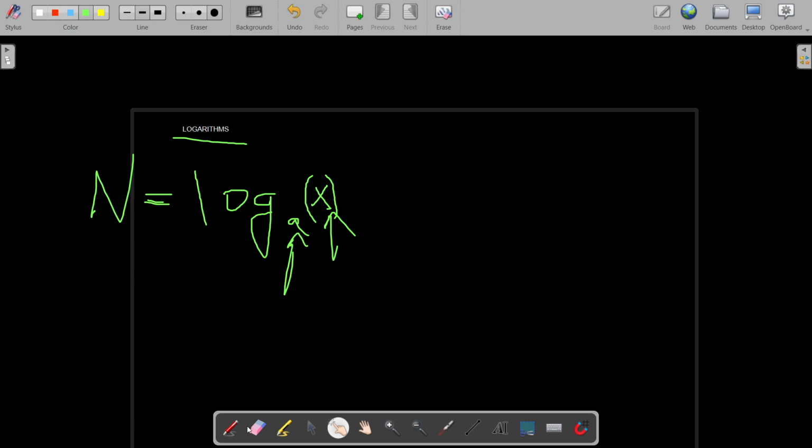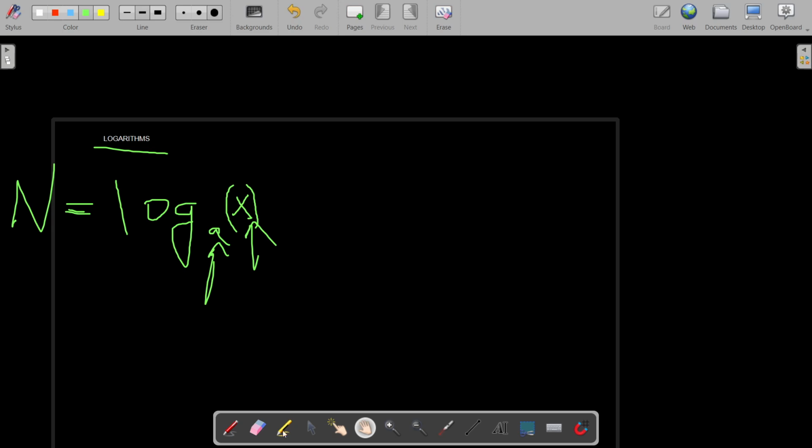So we talked about how to denote a logarithm. Let's talk about its functionality. Basically, a logarithm tells us to how much power we should raise a number.